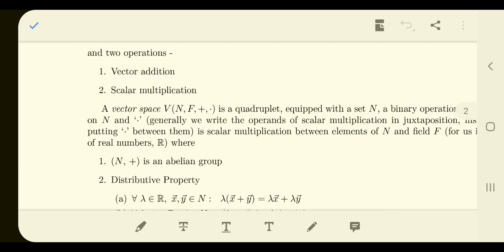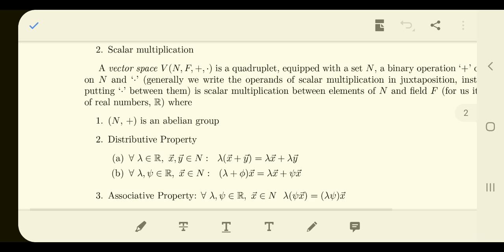But these operations and sets should follow certain properties. The first property is that (V, +) should be an abelian group. We have already talked about groups and abelian groups, so all the properties of a group should be followed by (V, +). Here V is the set of vectors and F is the set of scalars.